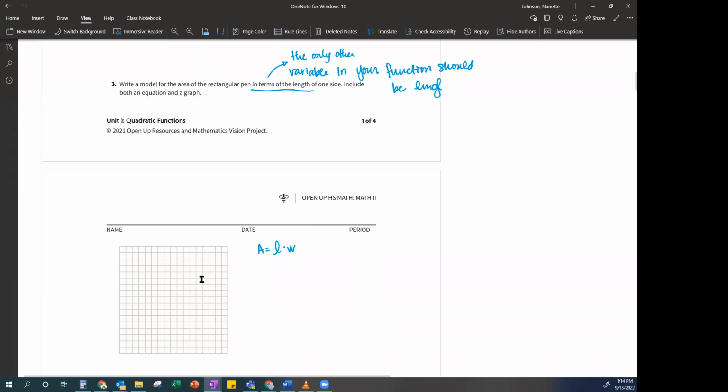Does that make sense? So I shouldn't have this W. So over here, I'm going to circle this W like, oh no, it should only be length. Does that make sense? So I need to figure out, how do I find this W?